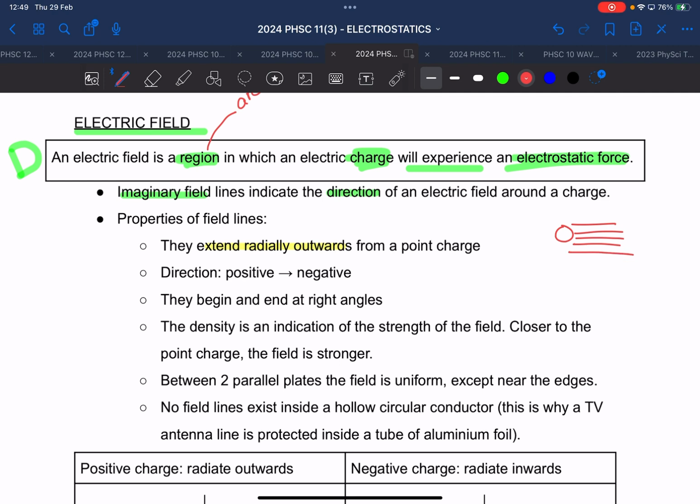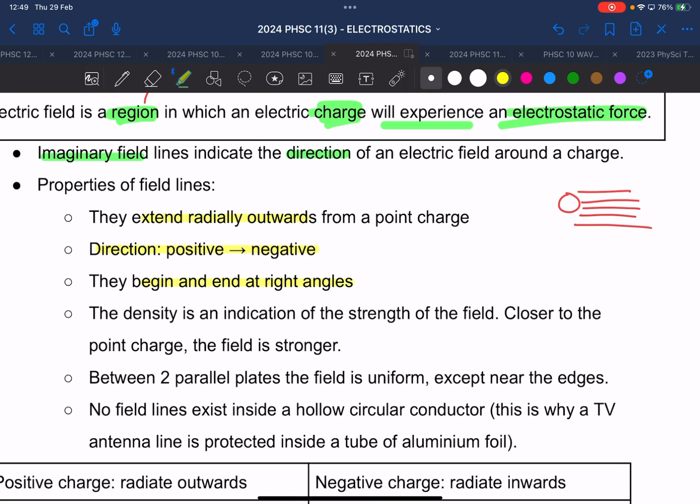Then I check to see if you know the direction is from positive to negative. So the direction is important. And then they begin and end at right angles. So again, I do not want to see it like this. I actually want to see that you know they go out like this.